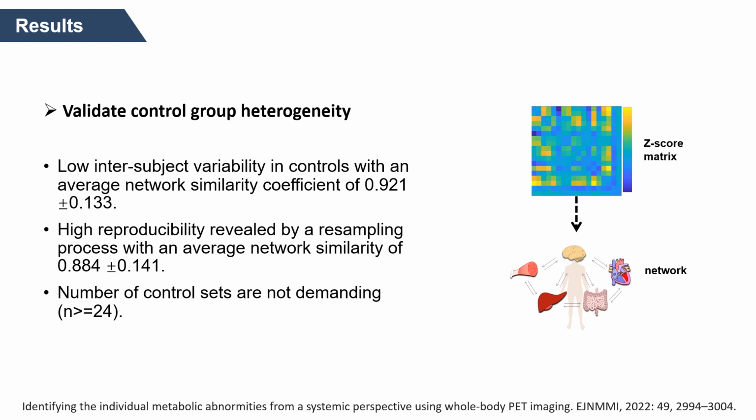For this validation, we found that there is low inter-subject variability in controls, with an average similarity coefficient of 0.921, and there also exists high reproducibility as revealed by our sampling process. We also found that the number of control sets is not that demanding. In our case, we only need a total of 24 control datasets.